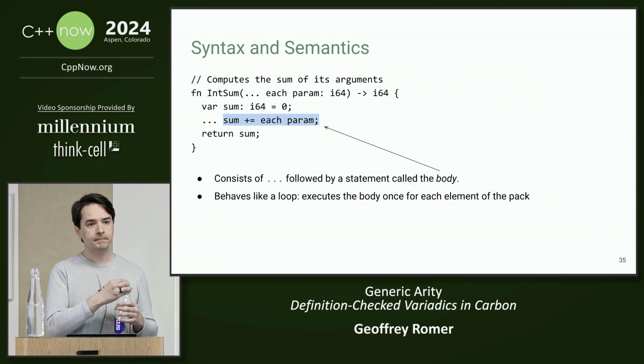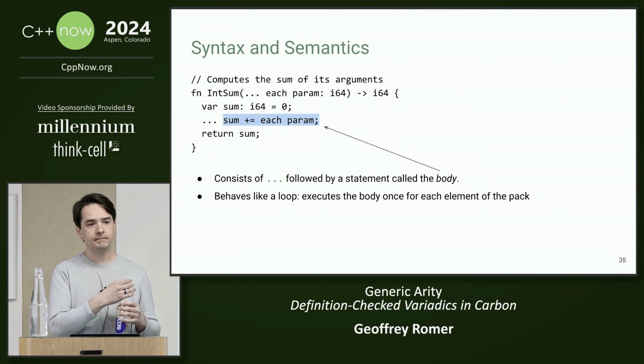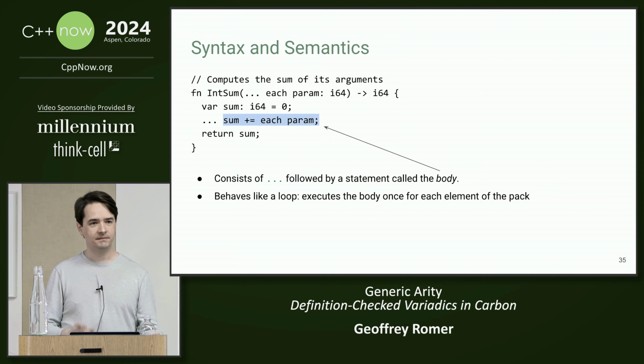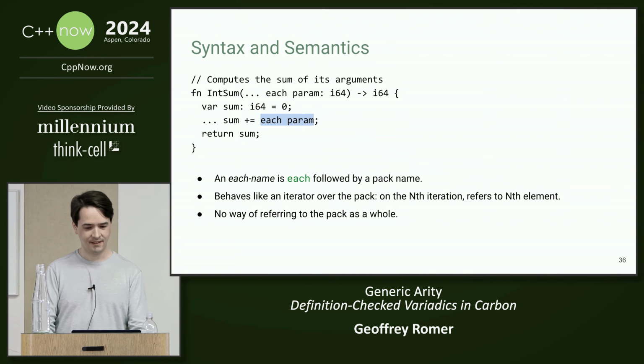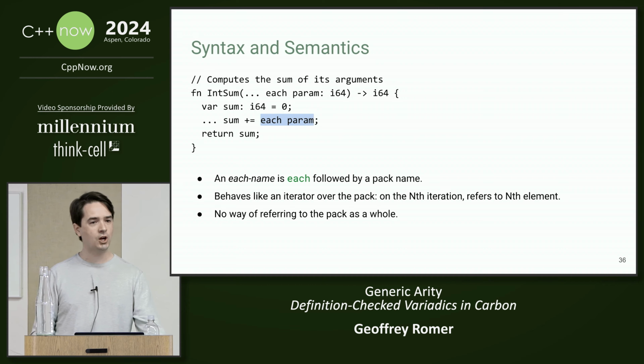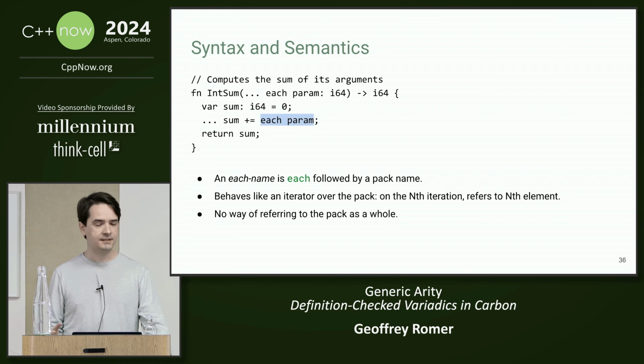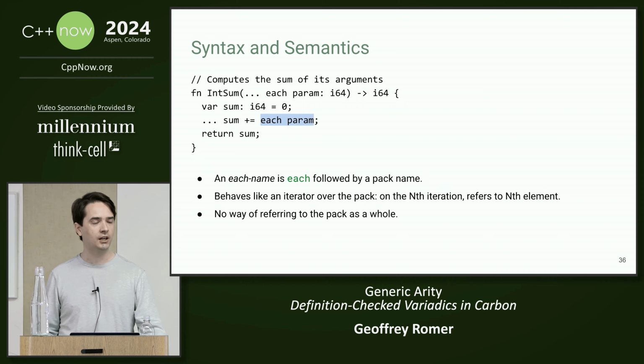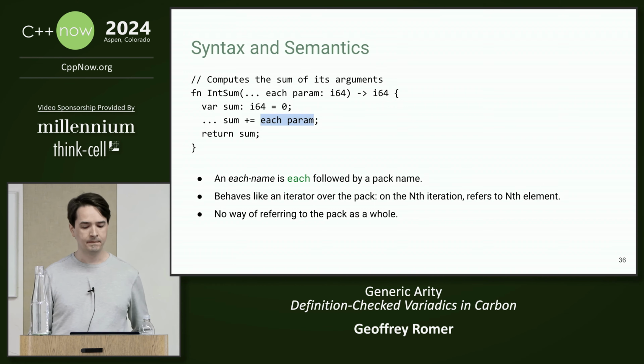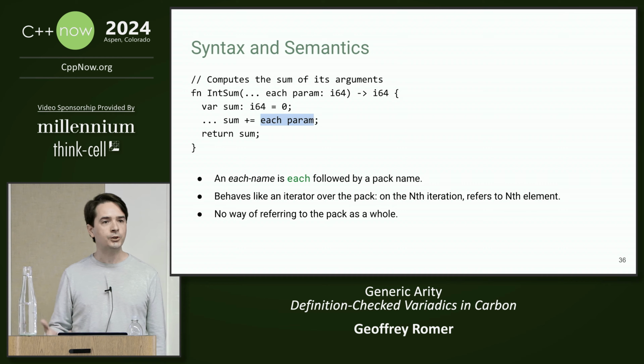Was there a question? I'm just trying to figure, like, each word there probably has some significance. Yes. So it's called an each name. And it consists of the keyword each followed by the name of a pack. And it can only occur inside a pack expansion. And it behaves like an iterator over the pack.